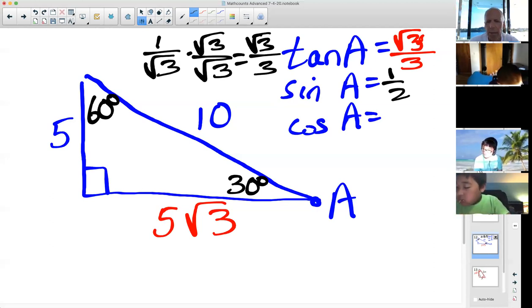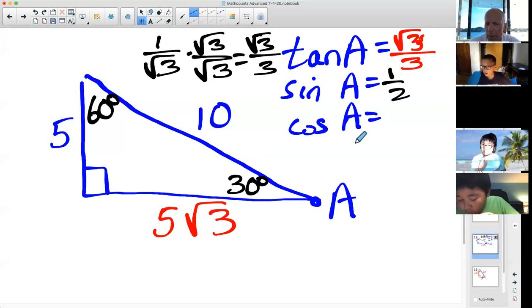Cosine of A, what over what? 1 over 2 squared. Audrey, start me out with the first piece before you try to simplify it.